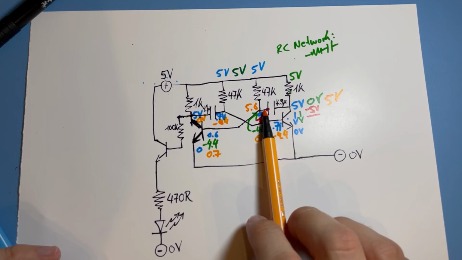Since there is current flowing through the base emitter to the left, in the left transistor, we won't go up to 5.6. We will stay at around 0.7 here. Just think of this 5.6 rewritten as 0.7. That's a mistake I noticed.